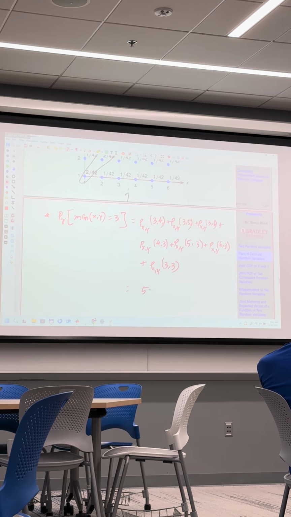So 5 times 1 over 42 plus for this guy it is going to be 2 over 42. So it is going to be 7 over 42. It is going to be 1 over 6.